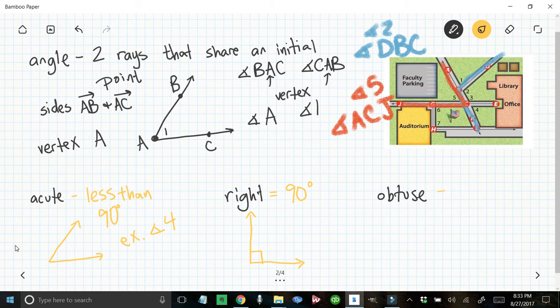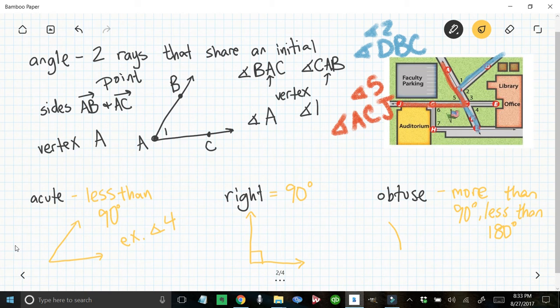And obtuse angles are more than 90 degrees, but less than 180. I'll just write less than 180. The book doesn't have you write down exactly 180 degrees. Those are called straight angles, and you may have learned that in a previous math class.